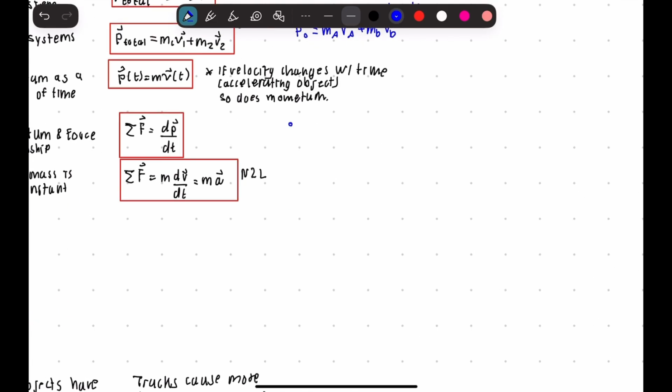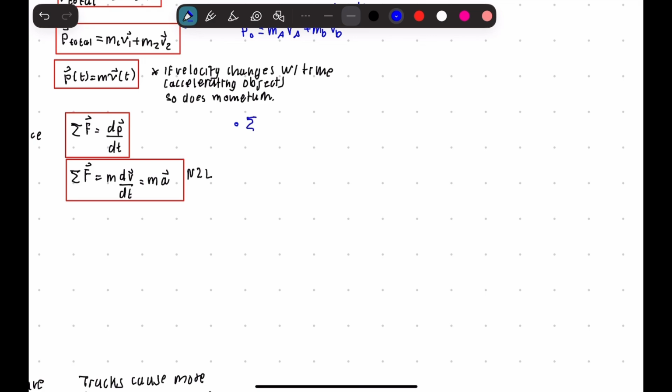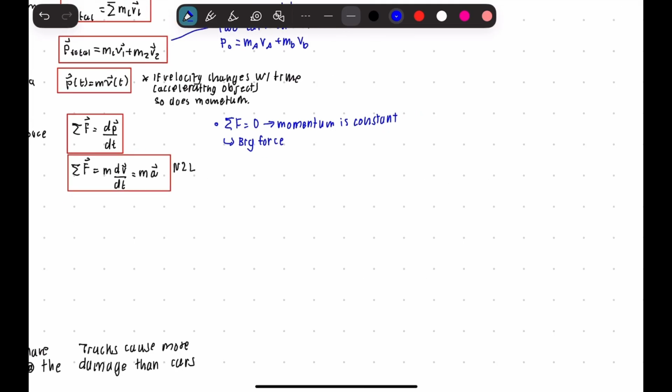For this, if the sum of the forces is equal to 0, then you know that the momentum is constant, because there are no net forces. So you can interpret this as a big force for a short time.